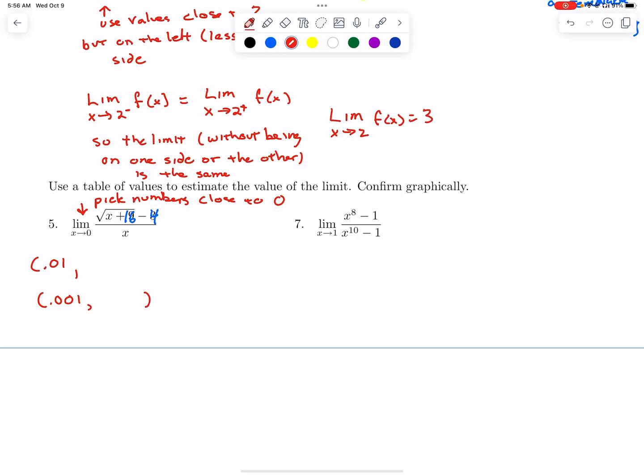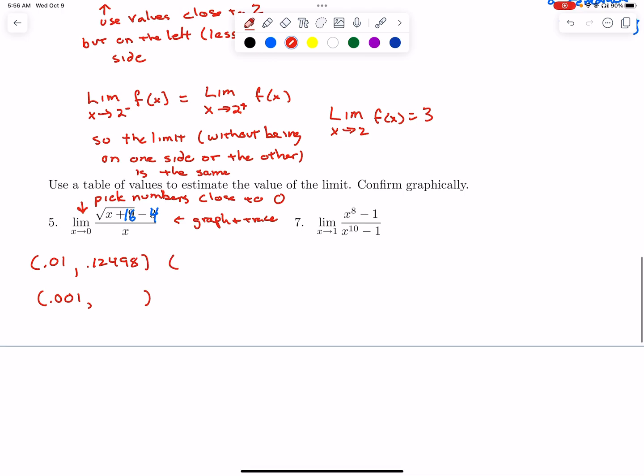So 0.01 when you graph and trace, I got 0.12498, and when I traced at negative 0.01, I got 0.1250195. Fine. So, are we close to a particular number?